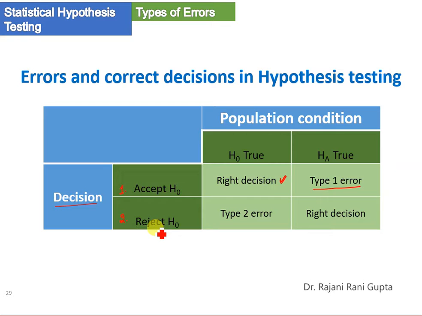Similarly, rejecting H naught when HA is true is the right decision, whereas if we reject H naught when it is true, it gives you type 2 error.